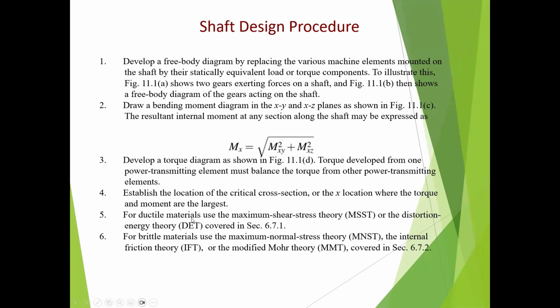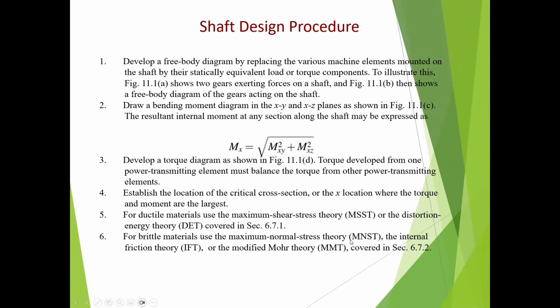And for ductile material, we use MSST and DET. We already learned MSST, which is also named the Tresca criterion, and DET is also named the von Mises criterion.